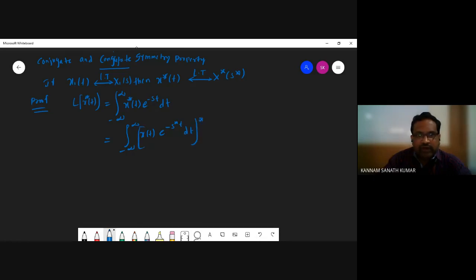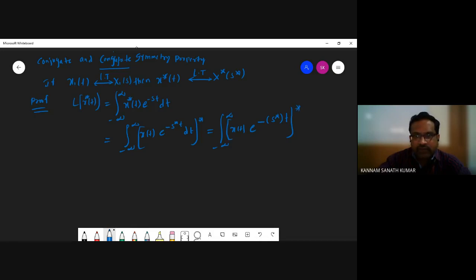So like this you can write. If you apply the conjugate for this, you will get x star of t. Again, the conjugate of s star, the conjugate of the conjugate, is s itself. So this is equal to the integration from minus infinity to infinity of x of t e power minus s star t dt, whole complement.